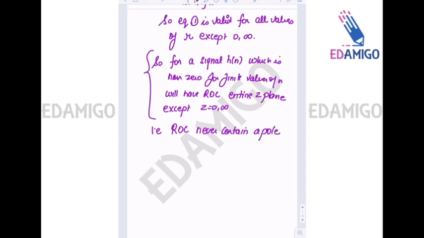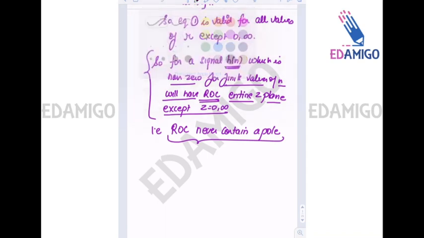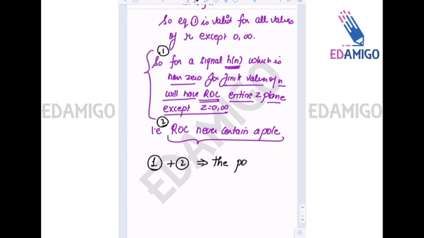So we can say that since the ROC of a signal h[n], which is non-zero only for finite values of n, is the entire Z plane, and the ROC never contains a pole, combining these two properties, from property number 1 and 2 I can say that the pole of H(z), that is the Z transform of h[n], will be at z equals 0 or at z equals infinity or both only.